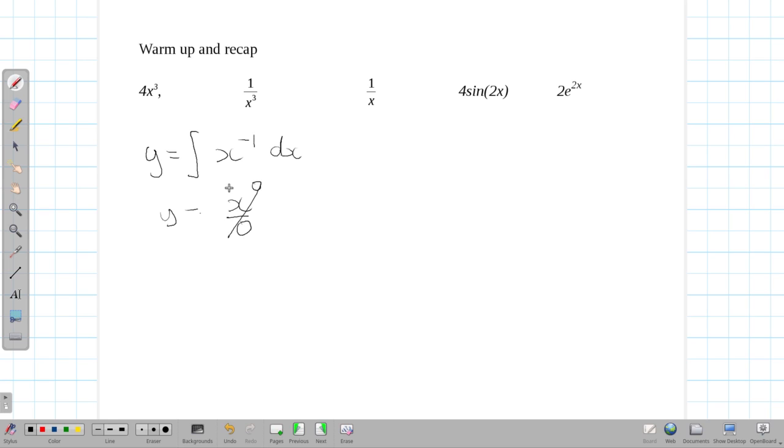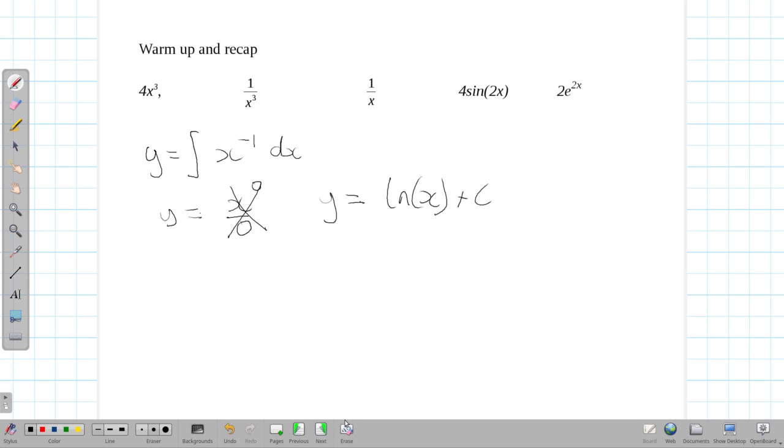So it can't be done. This is an unusual situation. The answer to this one is simply log of x, natural logs remember, plus C. If in doubt, remember, the differentiation of log of x gives you 1 over x. So that's what we've basically done.